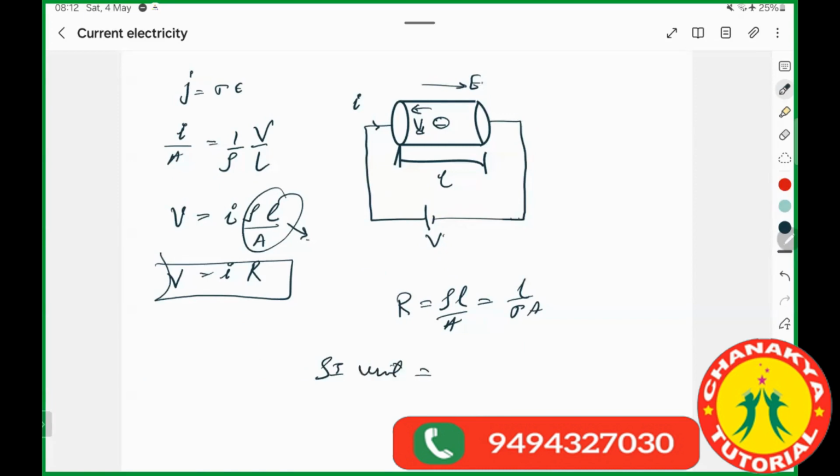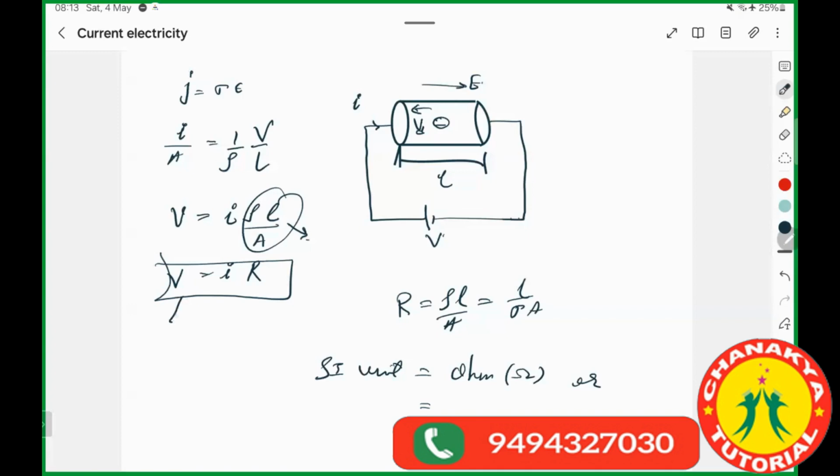The SI unit is ohm, or I don't remember the other.